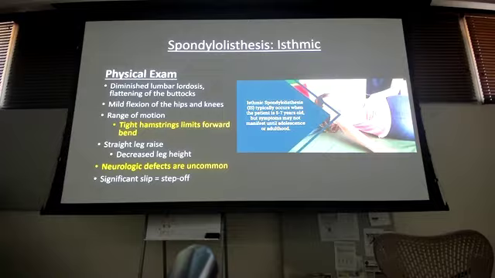So that's where you get that flexion of the hips and knees. Range of motion: the tight hamstrings limit the forward bend, so the forward bend that they do may be abnormal. When we talk about forward bend and extension, we know the difference. There are normal ranges, and these numbers are not arbitrary. They are established normal ranges.